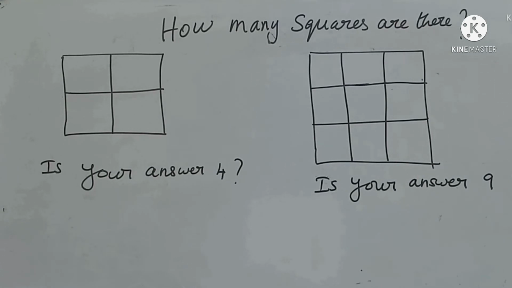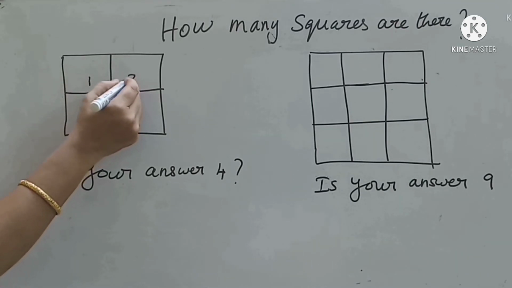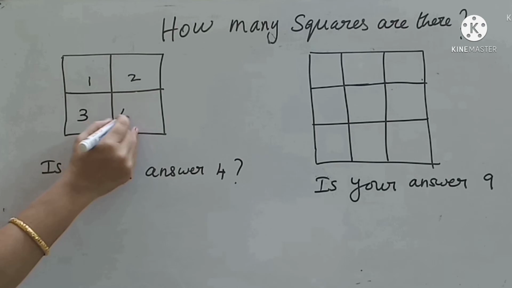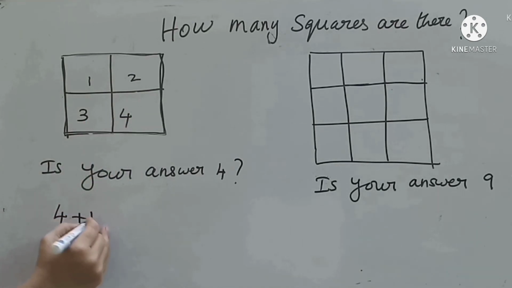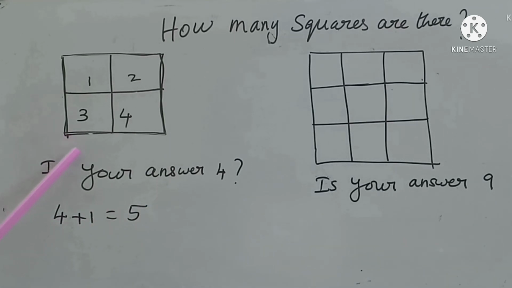No. We are having one more square. 1, 2, 3, 4. Yeah. So, answer is 4 plus 1, 5. We are having 5 squares. 4 small squares, 1 big square.